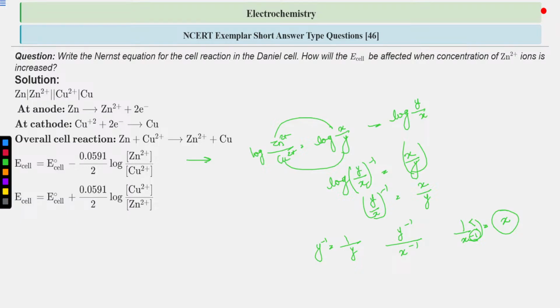We just rearranged zinc to the denominator and the copper ion to the numerator. And the minus 1 in the power, using the logarithmic property, we take it as a product with the log. So this minus 1 and the minus 1 already present multiply and become positive, minus minus plus. So here it will be plus. That means there are two ways we can write the Nernst equation: the first is this one and the second is this one.